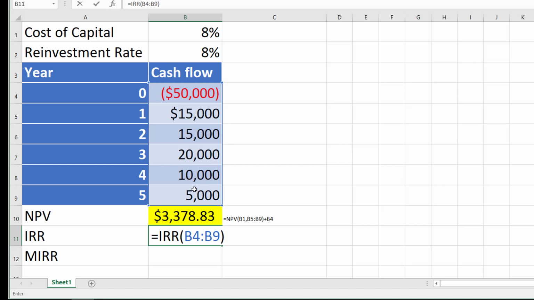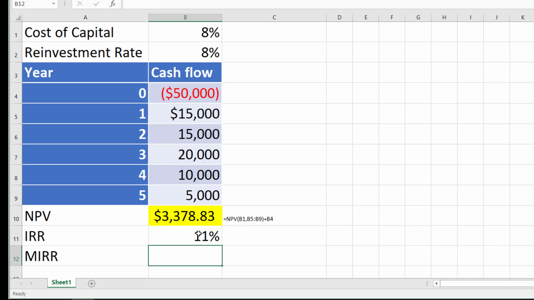And one important thing students often get confused about is that sometimes they don't make the initial cash flow negative. If you do that, you're going to get an error sign. So don't forget to make that initial cash flow negative and the remaining cash flows positive, but they could be negative too. But at least one of the values has to be negative. That's all you need to know in order to compute IRR.